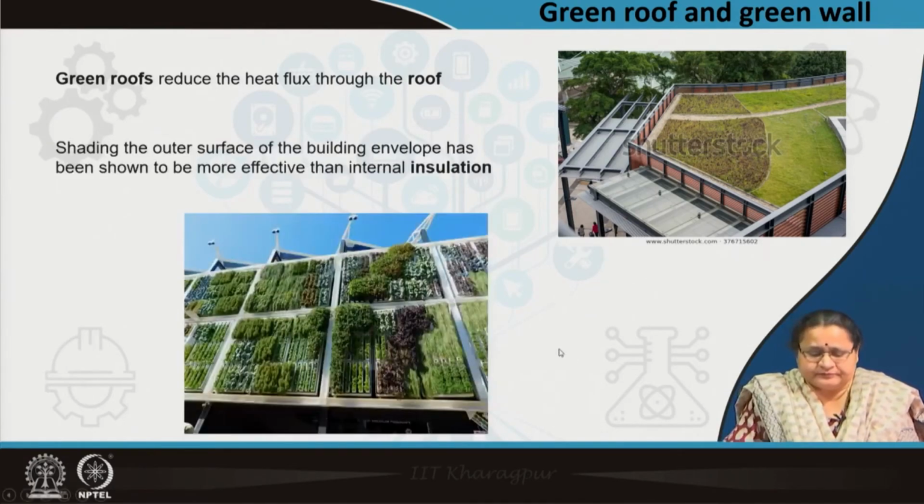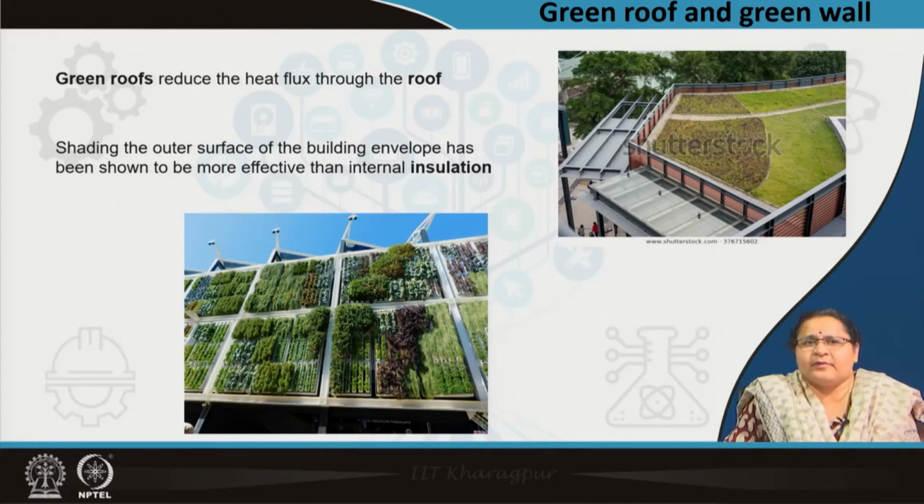Same with shading of outer facade, that is vertical garden kind of. You can see this is a picture from an exhibition. The wall has been created. It was in Milan in 2017, I think. So, this is the exhibition pavilion whose wall has been made green.